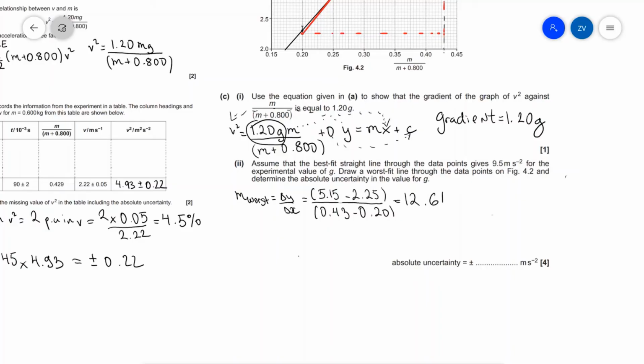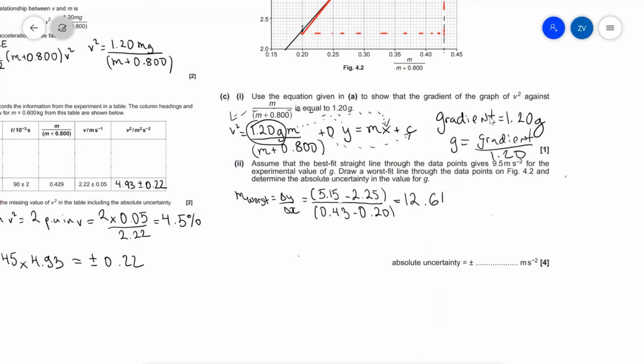Now remember, because my gradient is equal to 1.2g, in order to find g, I need to essentially divide my gradient by 1.2, just simply rearranging that as we looked at in the previous part of the problem.